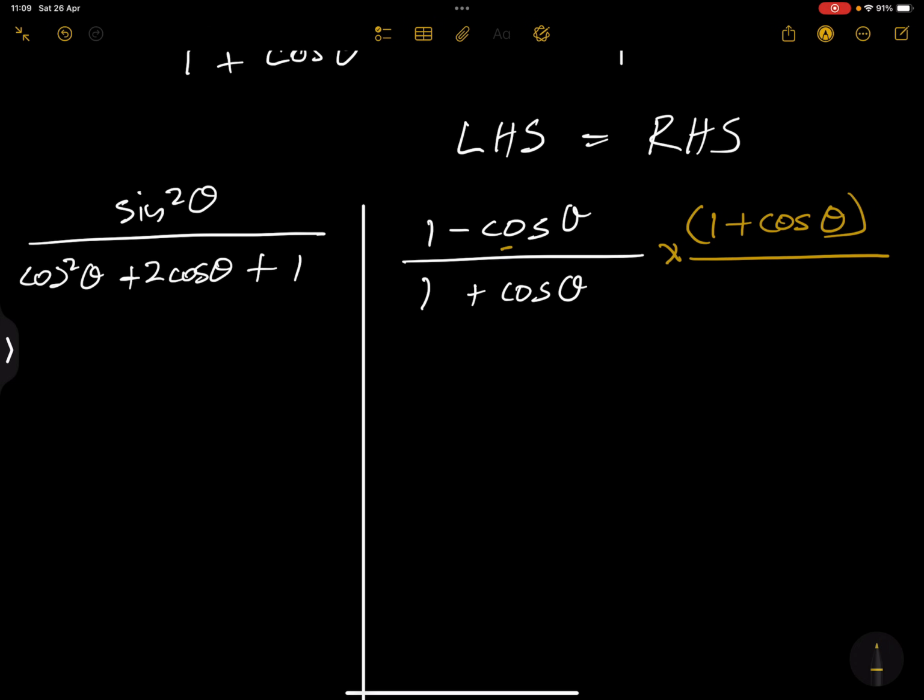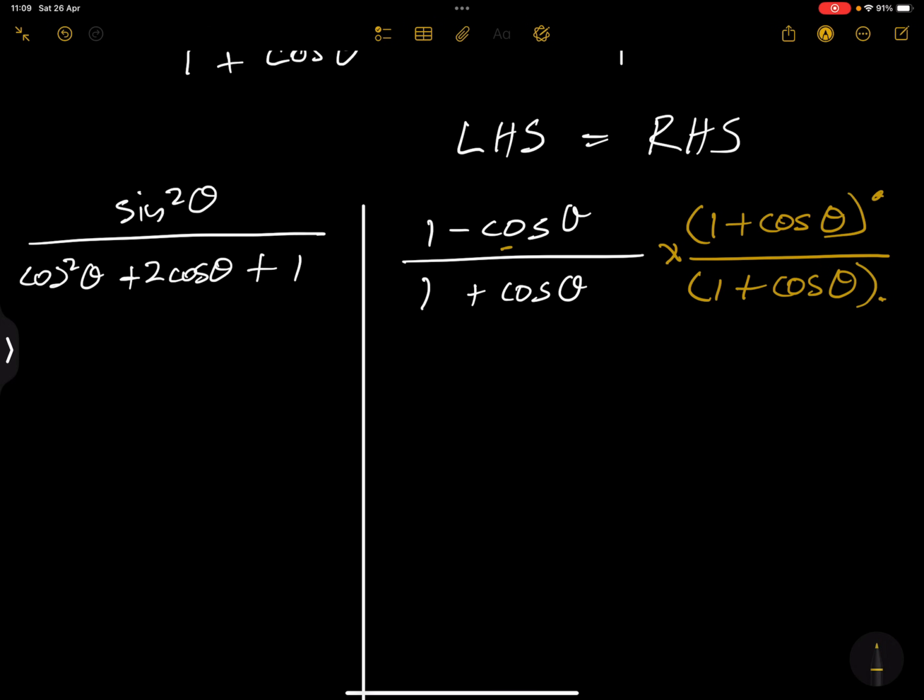But remember, for this not to change the fraction, I would need to divide by the same, right? So in essence, I'm just multiplying by 1 because the numerator and the denominator are exactly the same, so I'm not changing the equation, okay? Right, so what I do at the top, I need to do at the bottom.